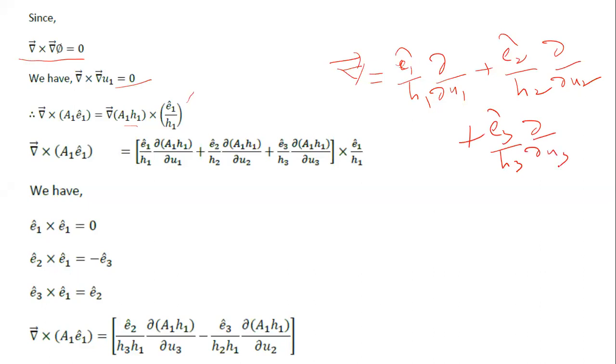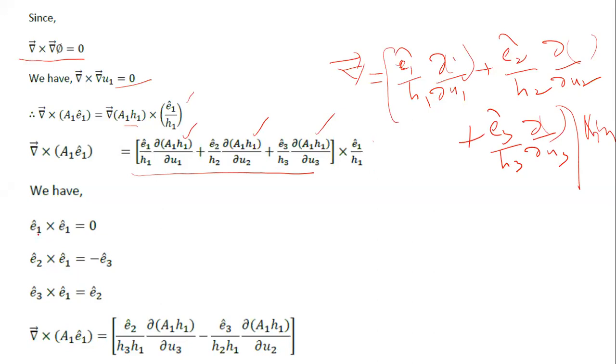Operating on the scalar A1 H1 means you have to multiply A1 H1 in each term. So this is exactly what is being done here, with a cross product with e1 cap upon h1.